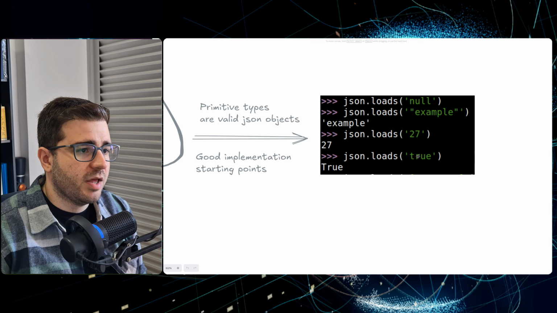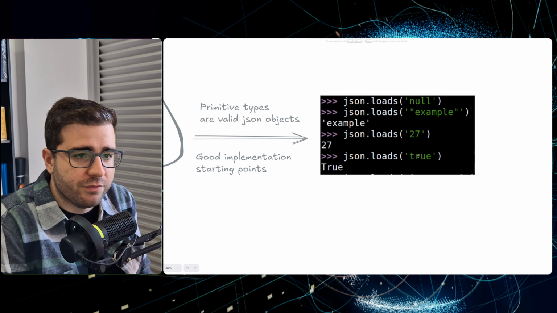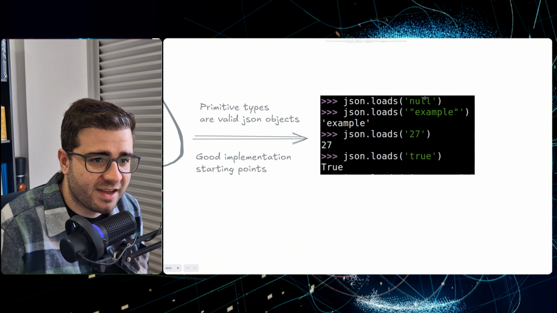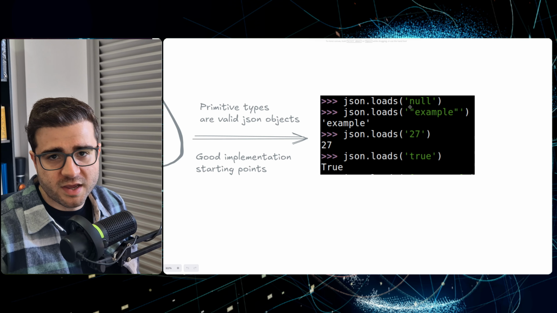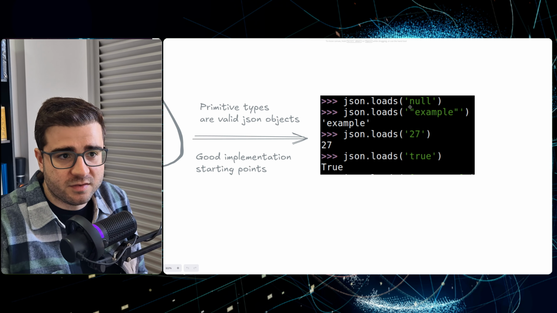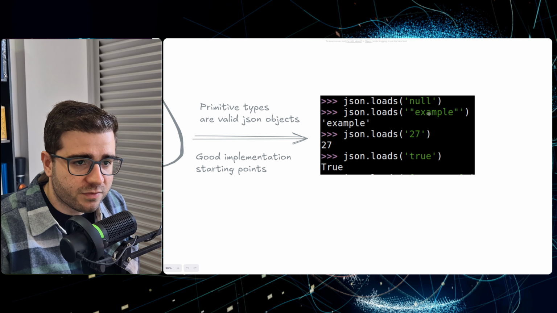So, as I said, we need to identify which type of object we are working with. For example, let's suppose the first character that we're working on is the letter N. That means that this is possibly a null value. And in case it's not a null value, it's probably an invalid JSON because it's not a string. Remember that the string needs to be encapsulated with the quotes.